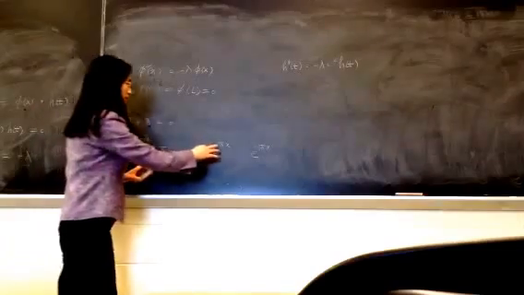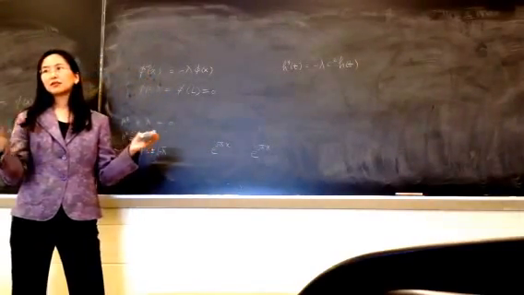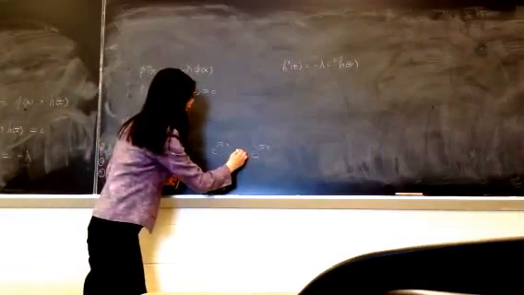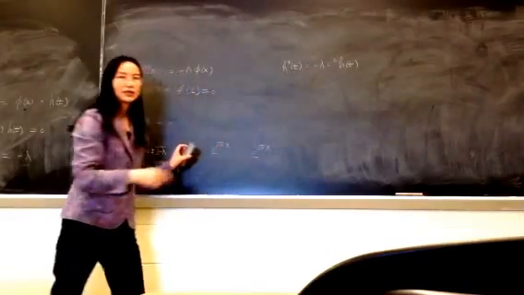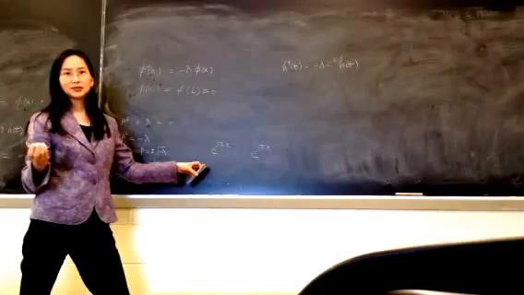But if you can find 2 independent solutions, a linear combination is still a solution. So if you take the sum or half of this, you get a hyperbolic cosine, which is also a solution.